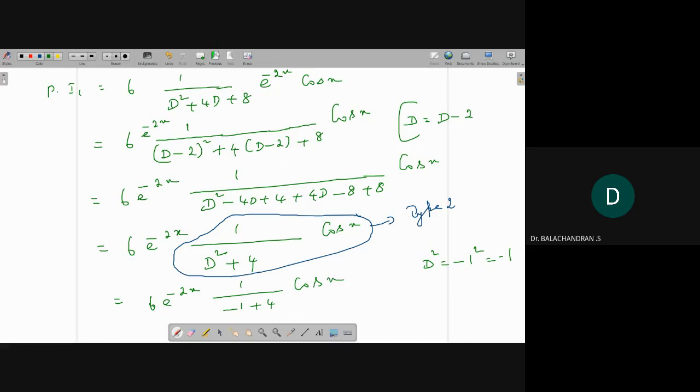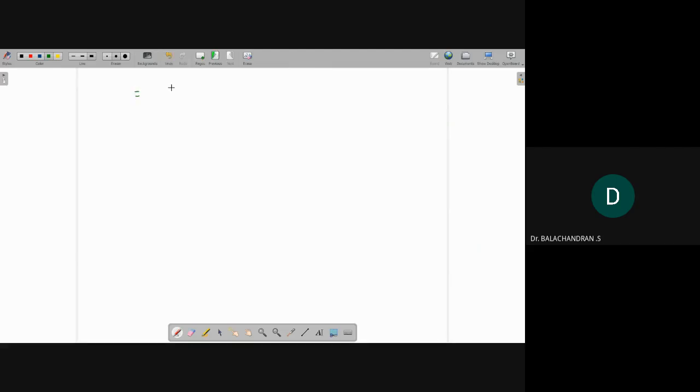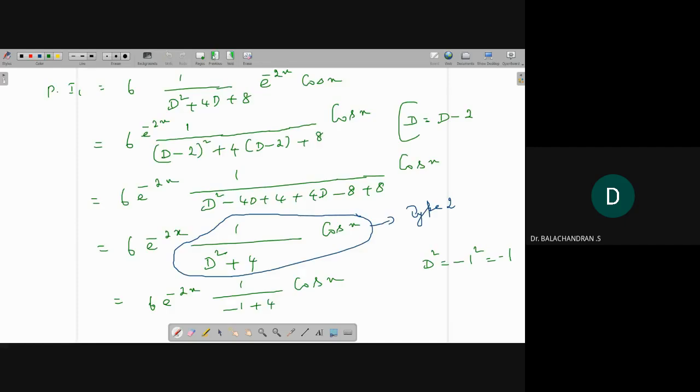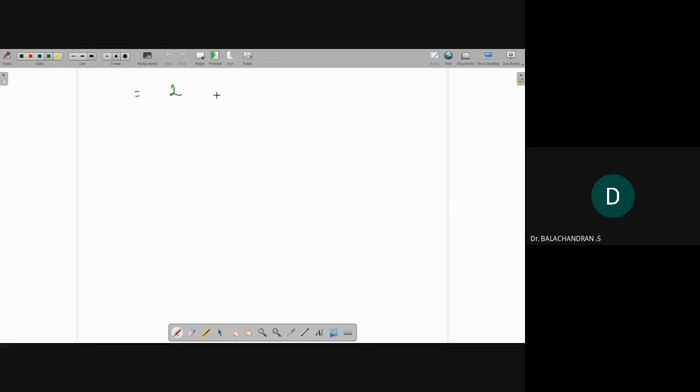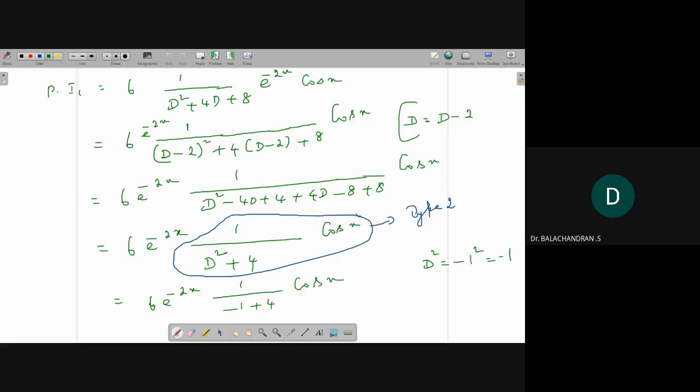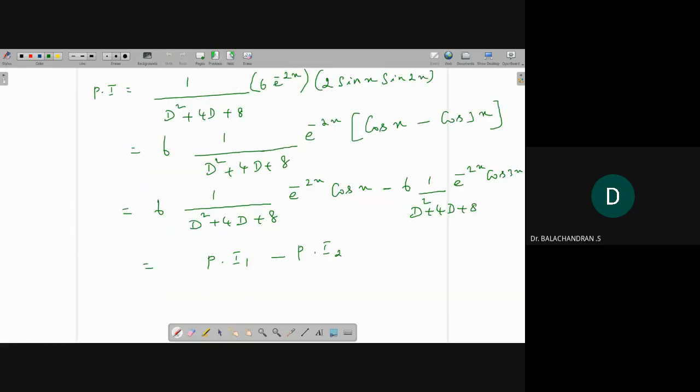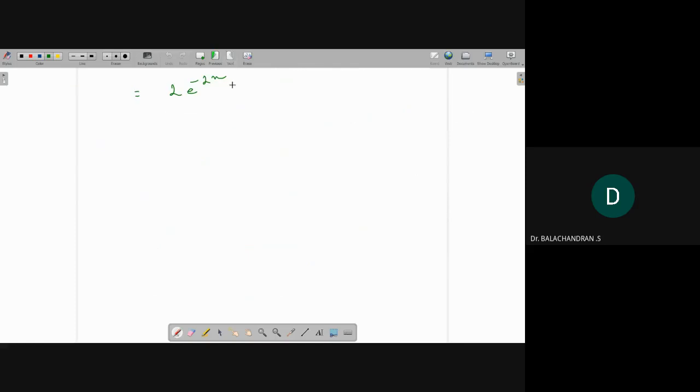That is 3. 6 by 3 is 2. So 2 into e power minus 2x into cos x. This is pi 1.